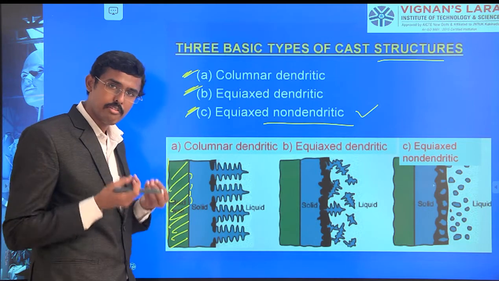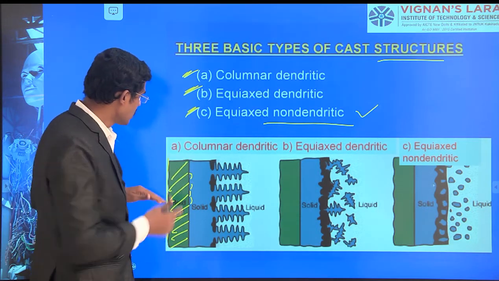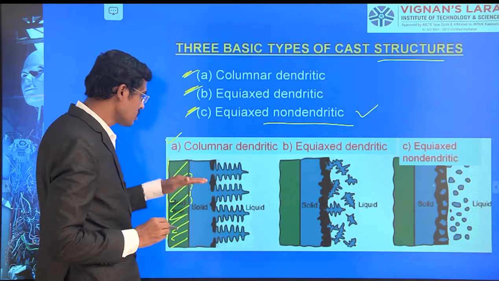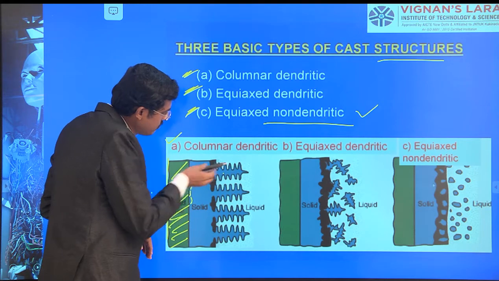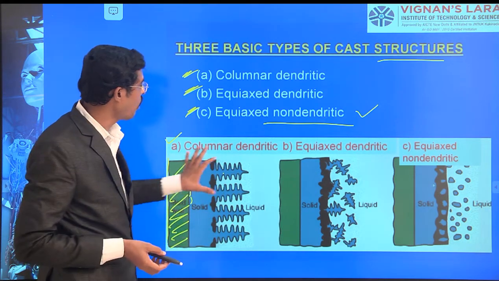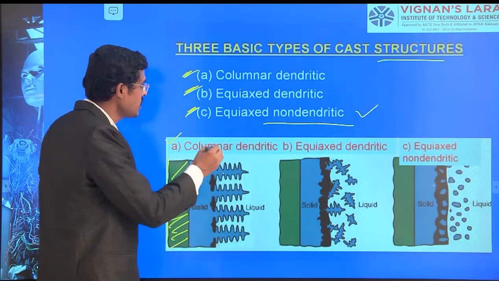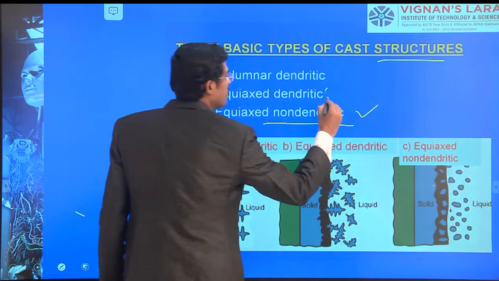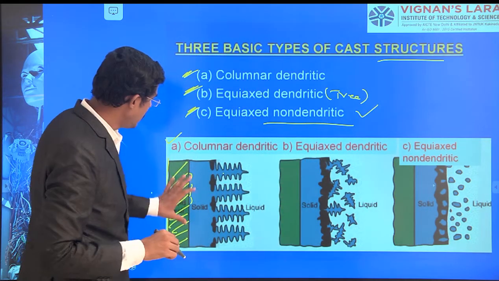I am defining what a columnar dendrite is. The first one goes perpendicular, where it looks like a column. Right? This is what a columnar dendrite is. Where is the dendrite? The tree form. That is called a dendrite. The tree is nothing but a dendrite. Right? It is a columnar dendrite.